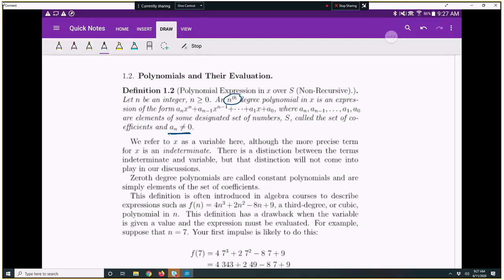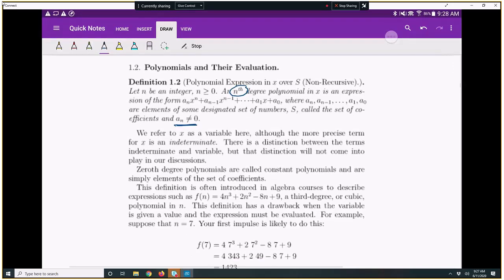We refer to x as a variable in the definition above, although more precisely, x is an indeterminate. There is a distinction between the term indeterminate and the term variable, but we don't really need to go into it here.